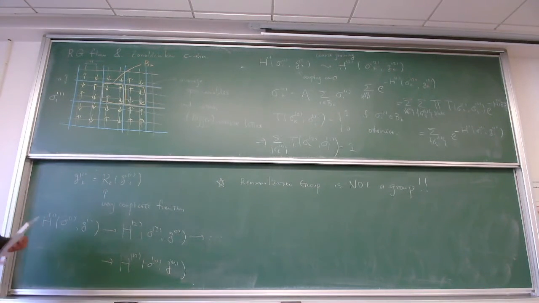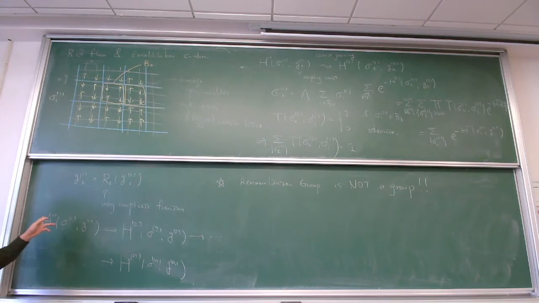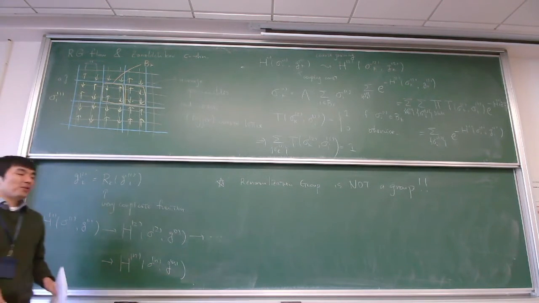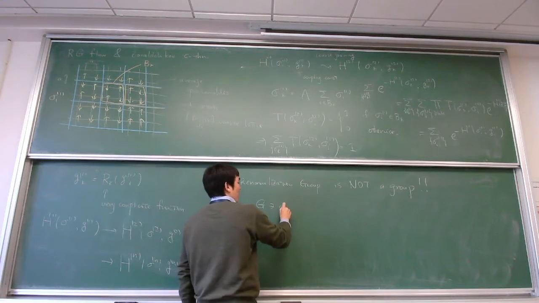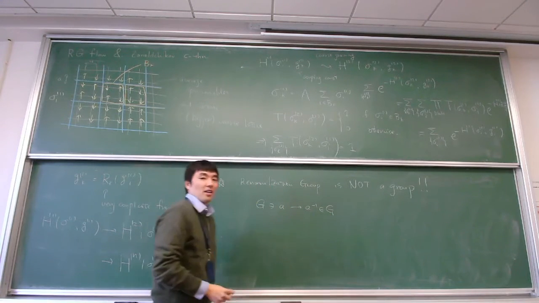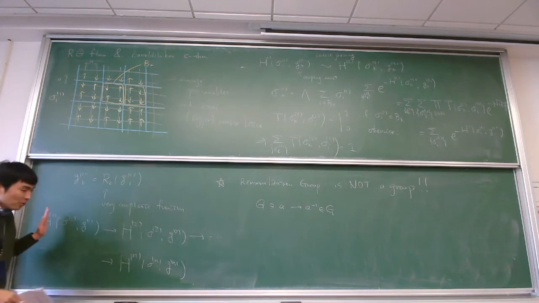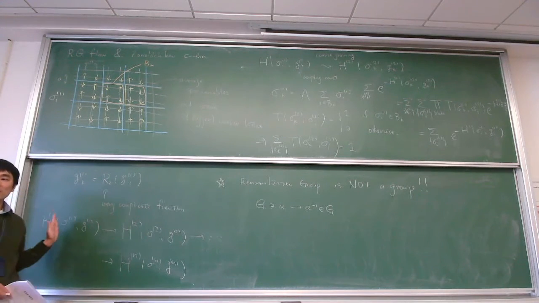As you know, this is cross gradient. You can determine from H1 to H2, but you cannot go back. If you have a group G with an element A, there must be an inverse A inverse. If you call this operation A, there must be operation A inverse.